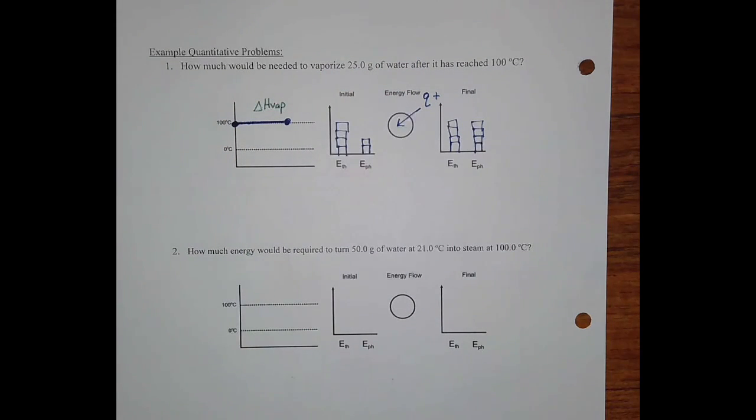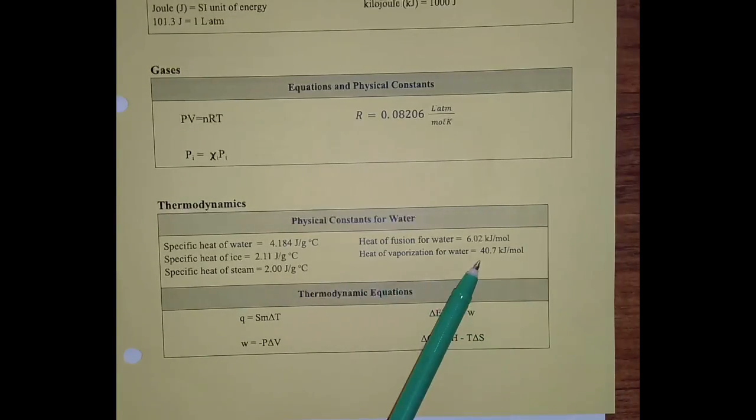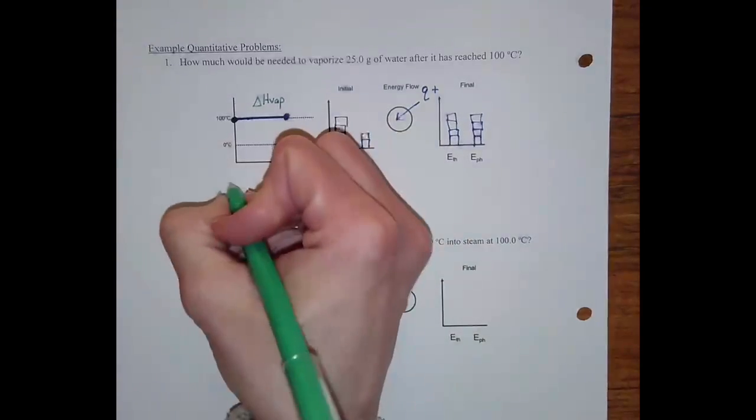So I'm going to need to get my resource sheet here. And on my resource sheet, here's my heat of vaporization, 40.7 kilojoules per mole.